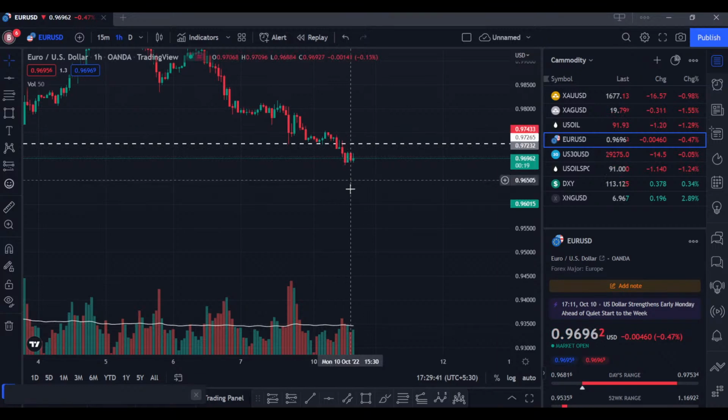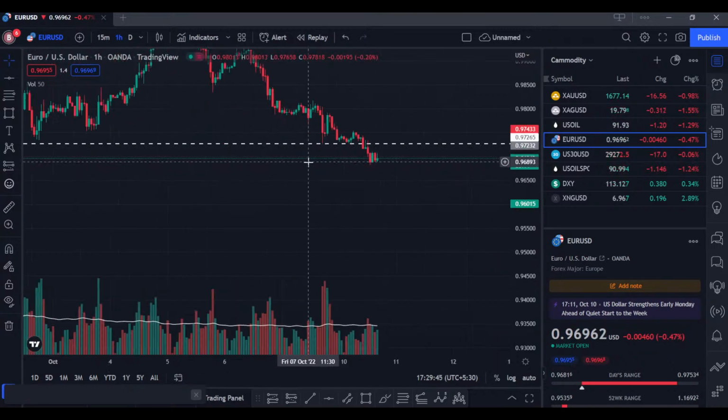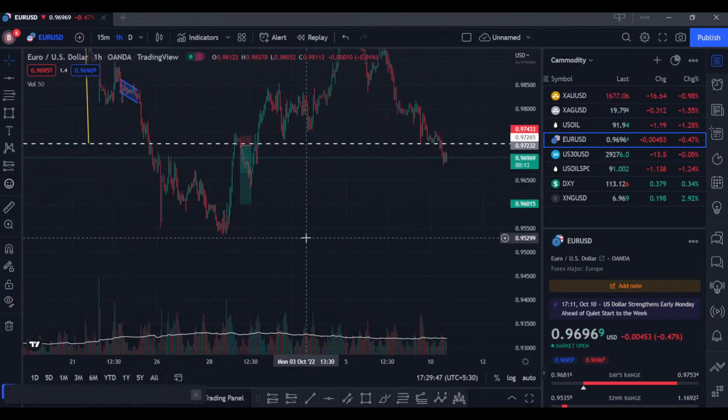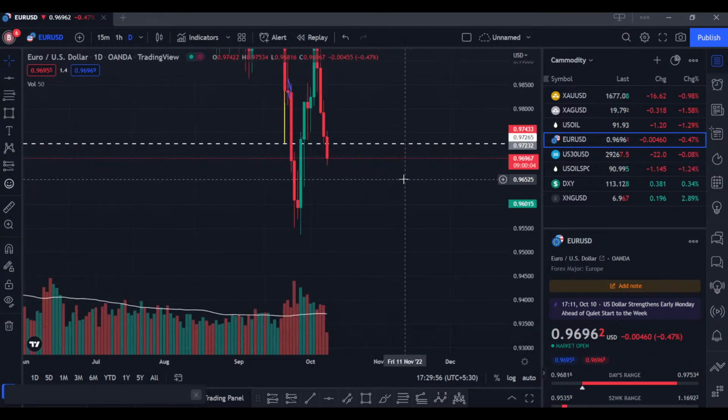We can sell easily. Yes, if you want to go for the sell side, then you can place a sell signal from that level to that level easily.